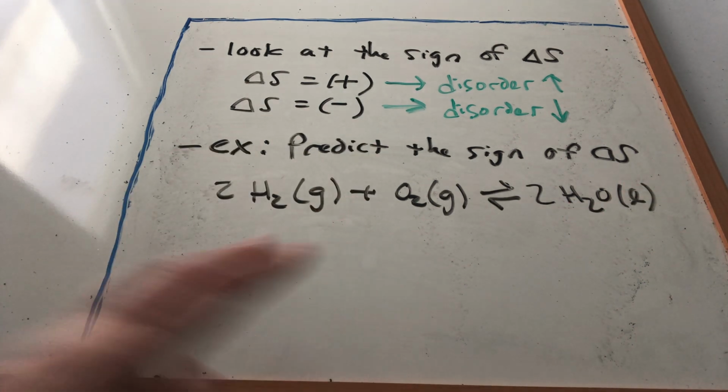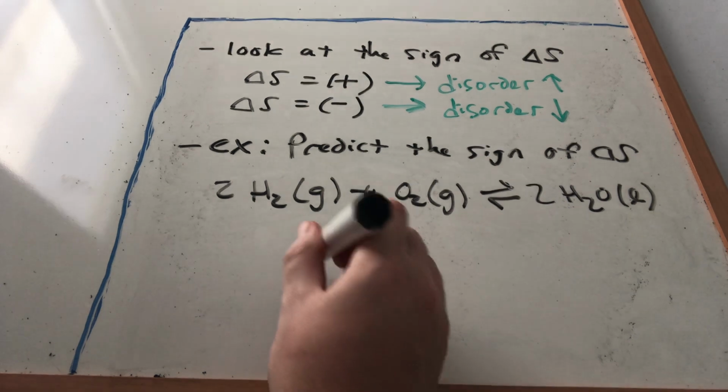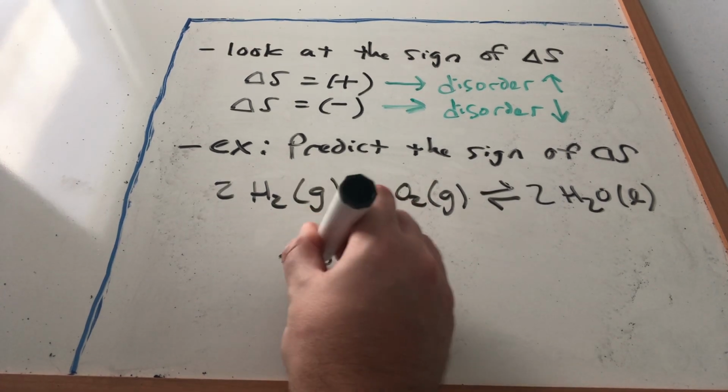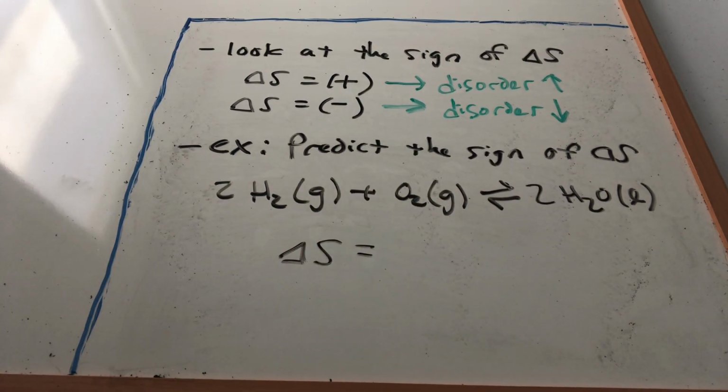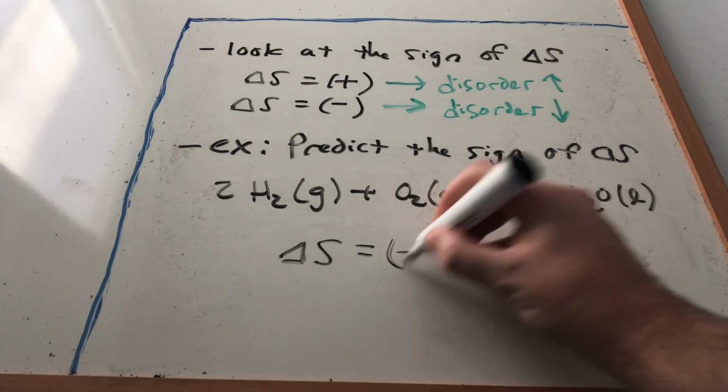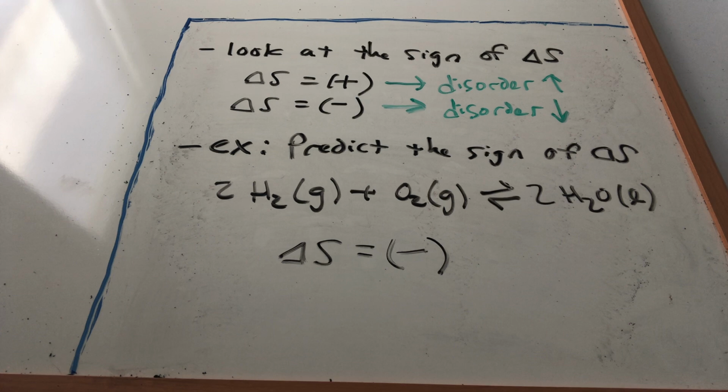So for 2 different reasons, in terms of predicting the sign of delta S, order has gone up, so disorder has gone down. So if disorder has gone down, delta S is negative.